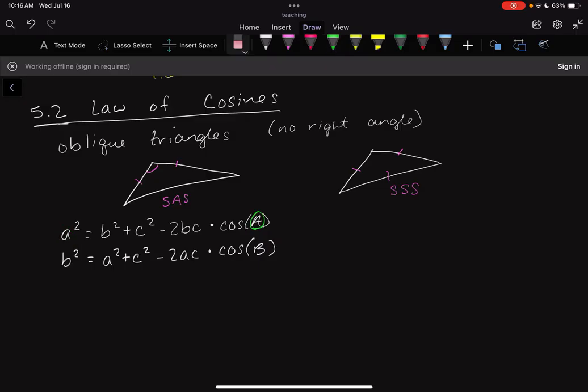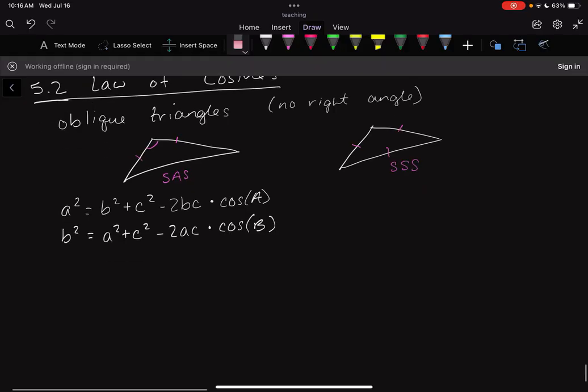And then the other two sides that are involved are the ones surrounding your angle, or adjacent to your angle. So then if I write it with c squared, it would be A and B as my sides. And then my angle would be C, since it's across from side C.